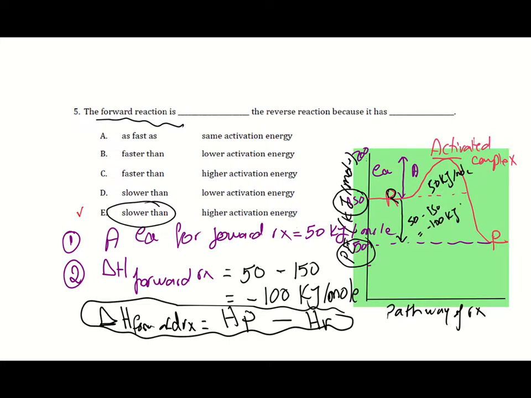If you need to calculate the activation energy for the opposite reaction, when products become reactants and reactants become products, it will be the difference again between the reactants and the activation complex.